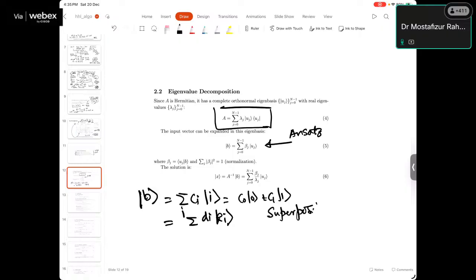So you can represent a quantum state either in computational basis or in eigenbasis. That is what this protocol uses, representing the state vector in the eigenbasis of the original matrix, and then they compute x. There are individual steps, and this is the ultimate objective, okay?